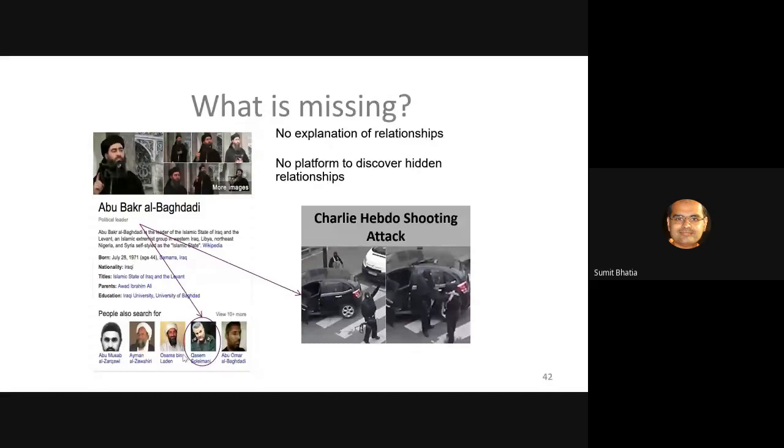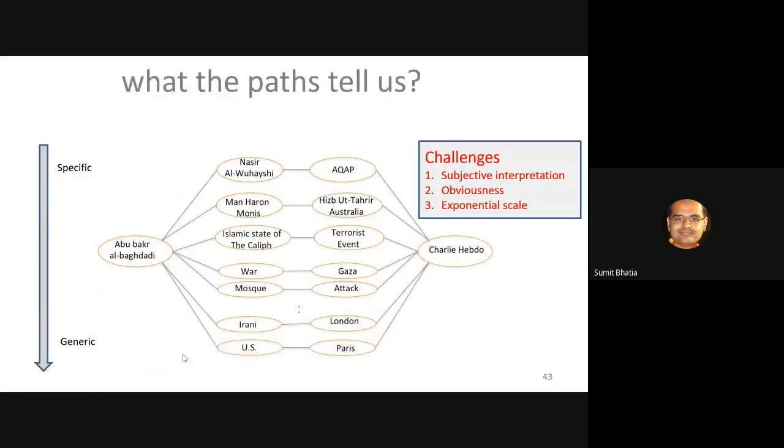And now let me tell you how we proceeded. Let's first consider all the possible paths between al-Baghdadi and the magazine Charlie Hebdo. Once we studied this, we found that there are thousands of paths that can connect these two entities, but some of the paths are very high quality.